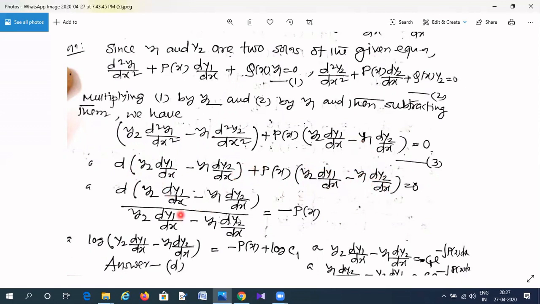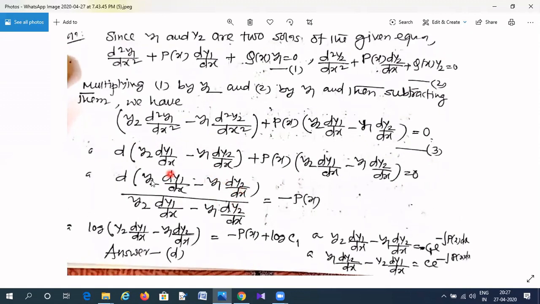Now this will become a very useful form. If we divide the differential equation by the term y2 dy1/dx minus y1 dy2/dx, the ratio is equal to minus p(x).